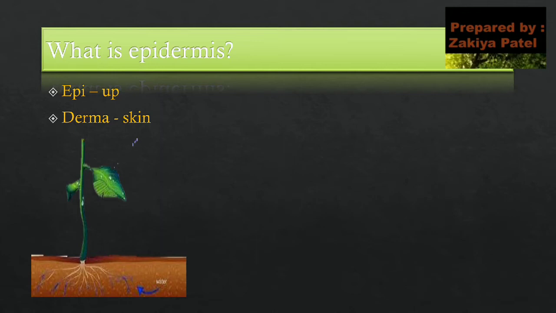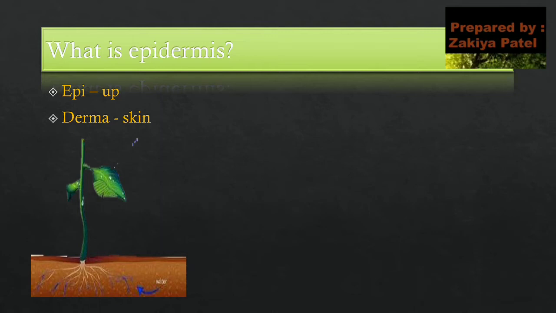For example, we have the same kind of skin on our body, on the hand and on the face, yes, but plants do not have the same kind of epidermal layer. Epidermis is modified on the basis of the plant's need and habitat. The epidermal layer is modified or converted on the basis of the plant's need and habitat.